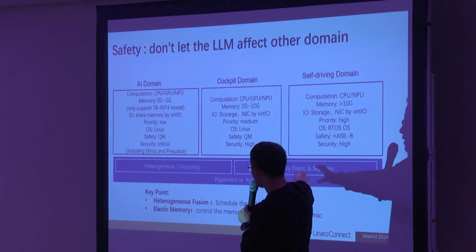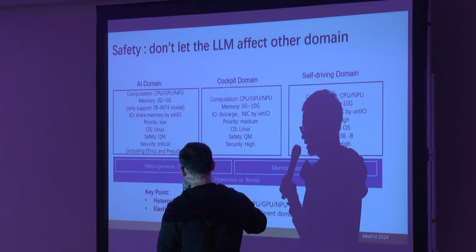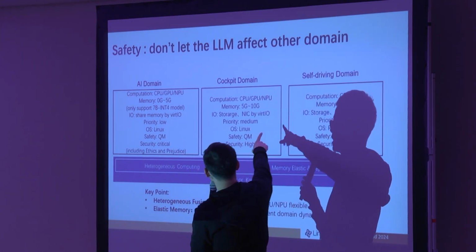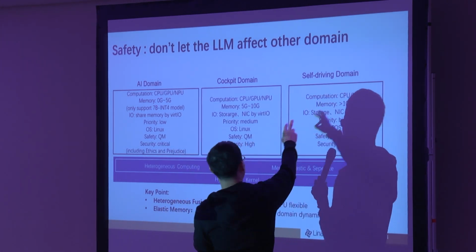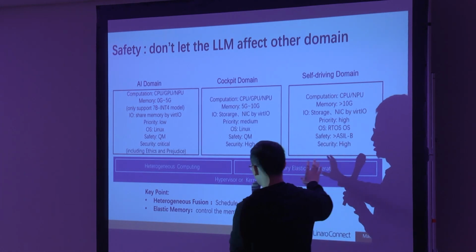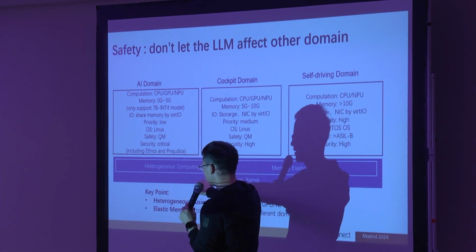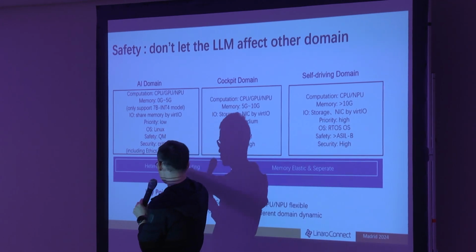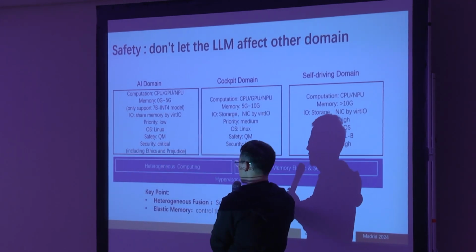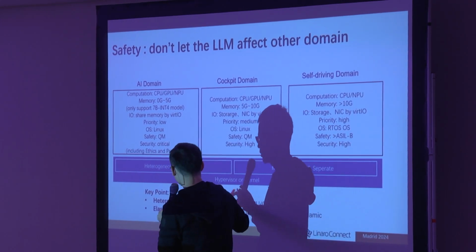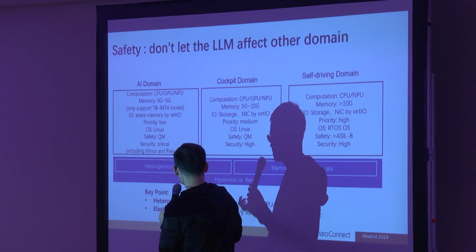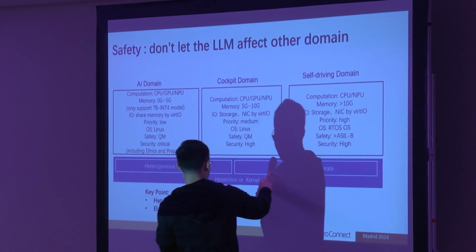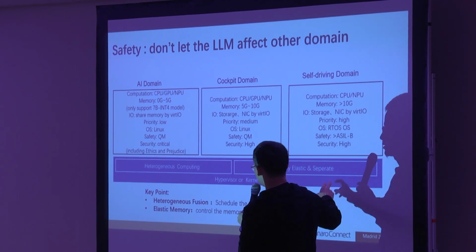Here you can see, I directly give my results: we should have an AI domain, because current cars have two domains, the cockpit domain and the self-driving domain. So if we want to put generative AI in our car, we will have three domains. The third domain will be controlled by the hypervisor or kernel directly, because only the hypervisor or kernel can control heterogeneous computing, memory, elastic, and separate.